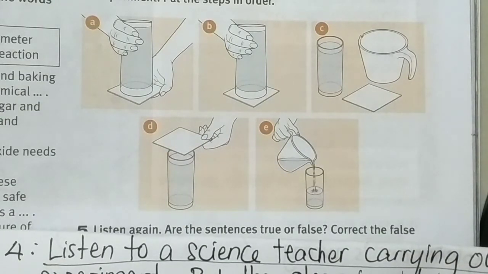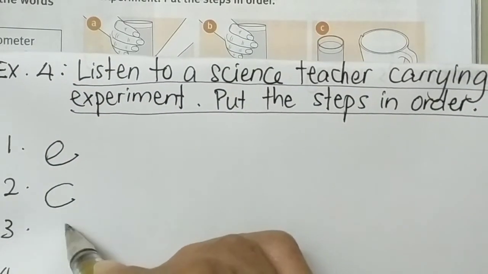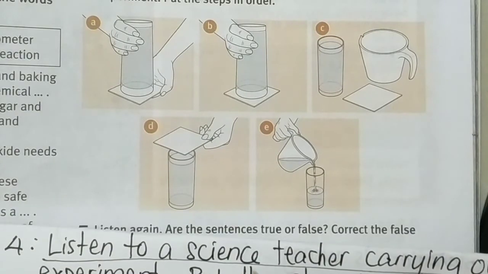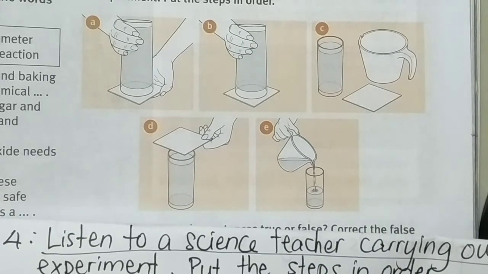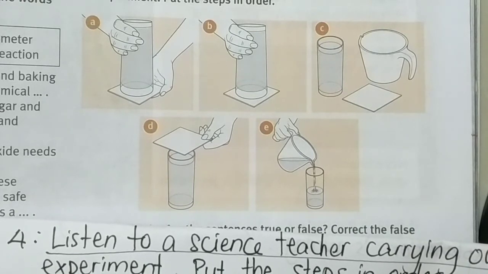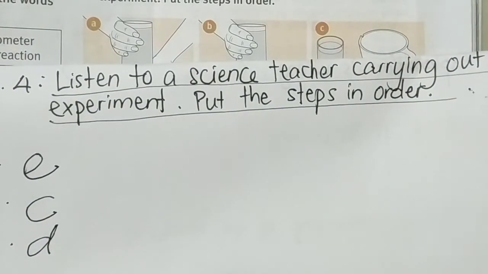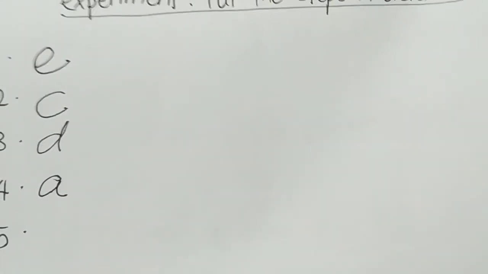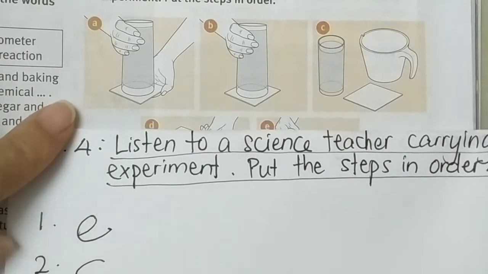Okay, so that's how it goes. The next one will be D. Yes, he tried to put it on top of the glass now. And then the next one, what do you think? It will be A. Alright, it will be A. Yes, so his hand is still there.